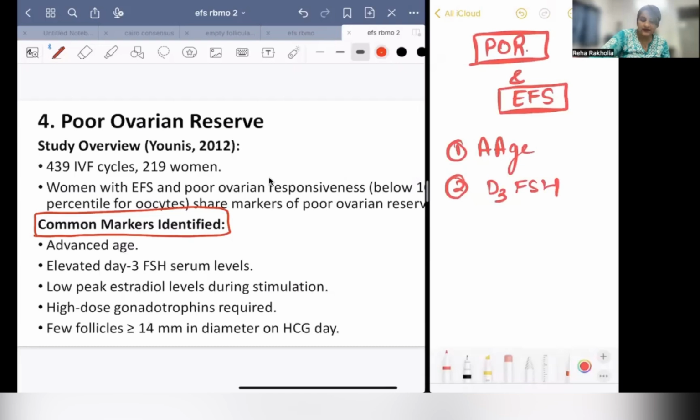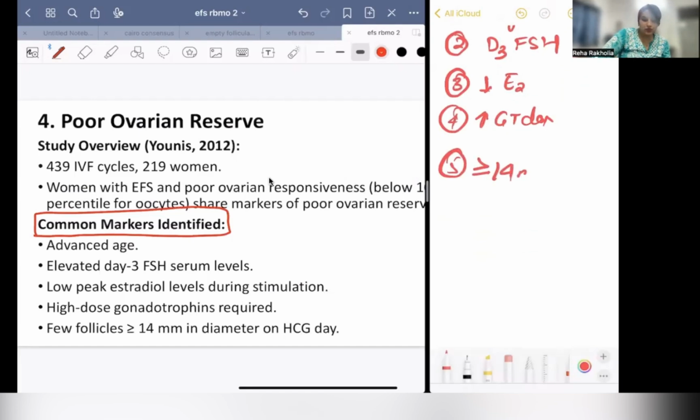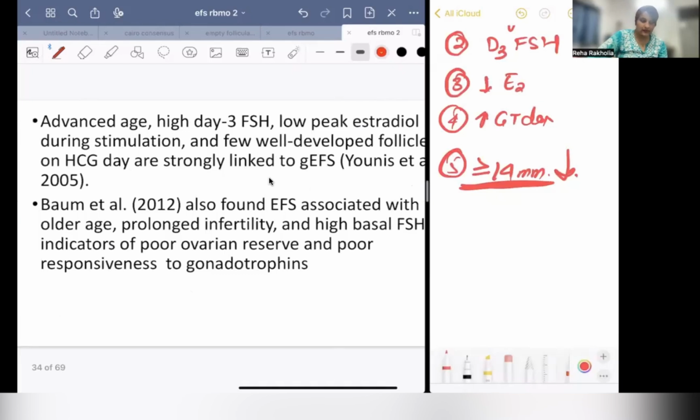Third is low estradiol during stimulation. Fourth is increased gonadotropin dose requirement. Fifth is only a few follicles greater than 14 millimeters in diameter.